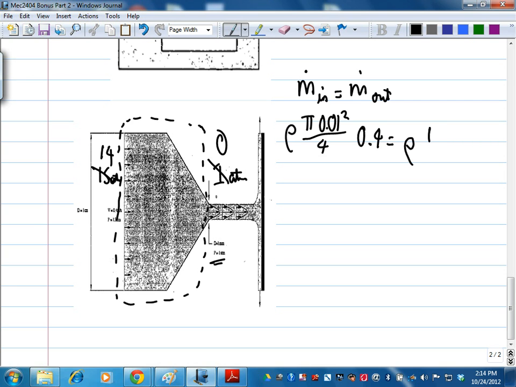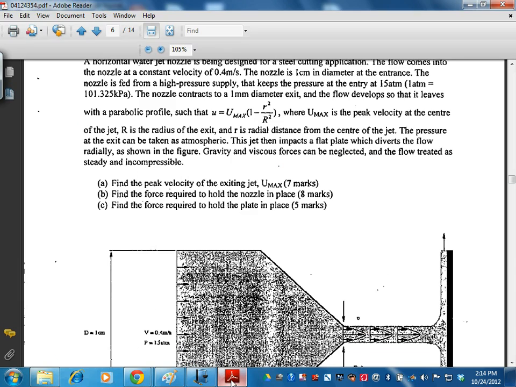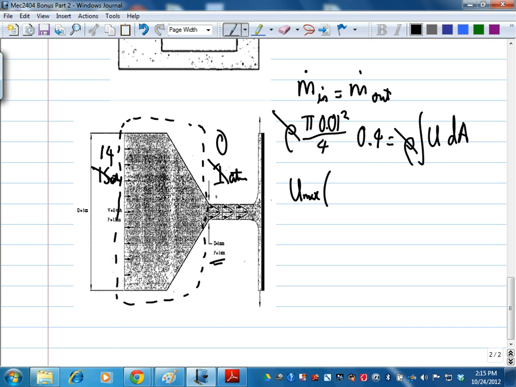This one needs the integral of velocity dA. Okay. I think rho can cancel out. What is velocity dA? Velocity is Umax times 1 minus r squared over R squared. dA is 2 pi r dr, isn't it?